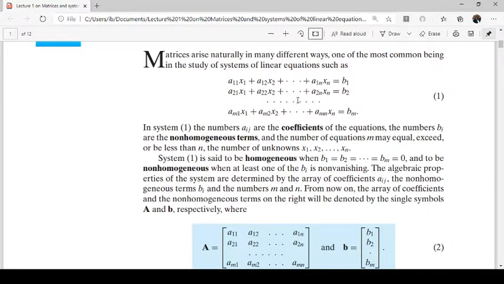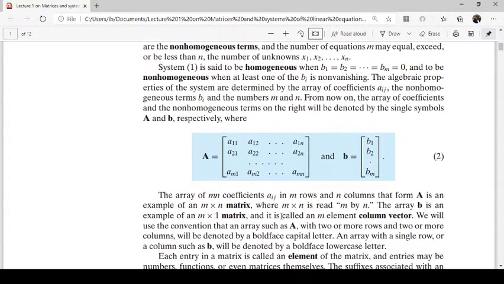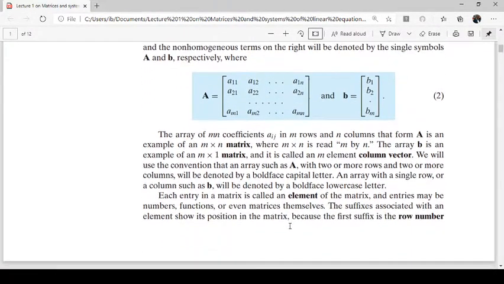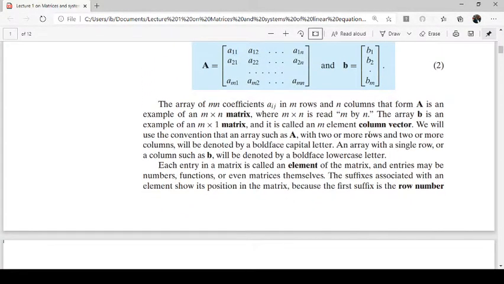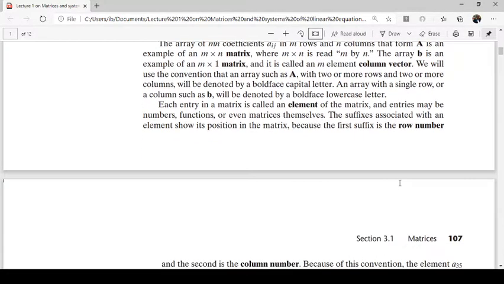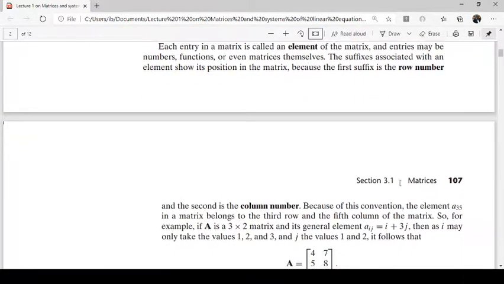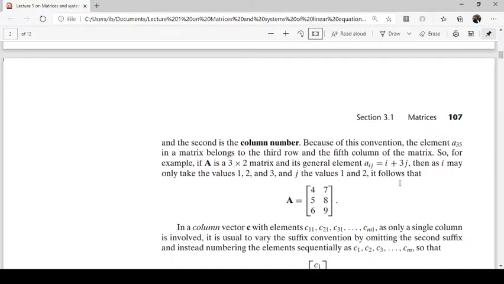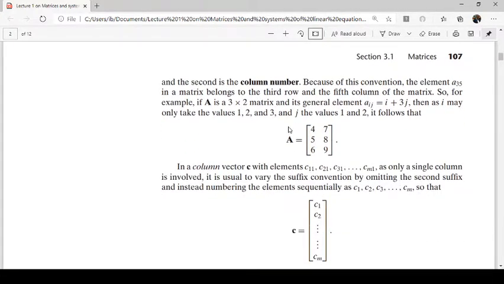This equation here, we have put in the form of a matrix, so you can say this is A, this is B. This is elementary knowledge, so we don't need to waste time. Entries of a matrix are the elements. You have the row matrix and the column matrix like this.